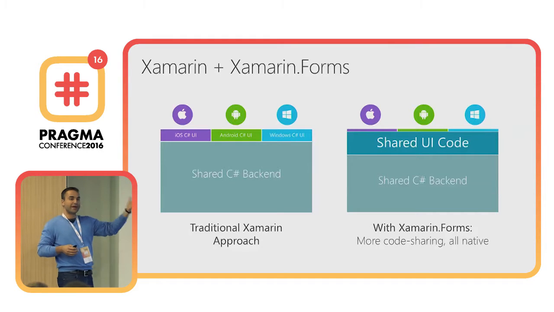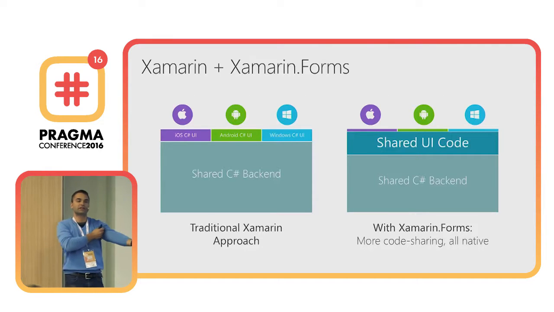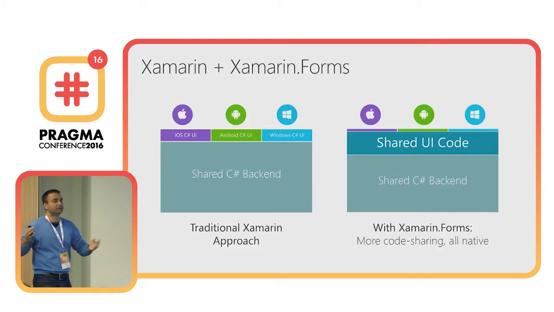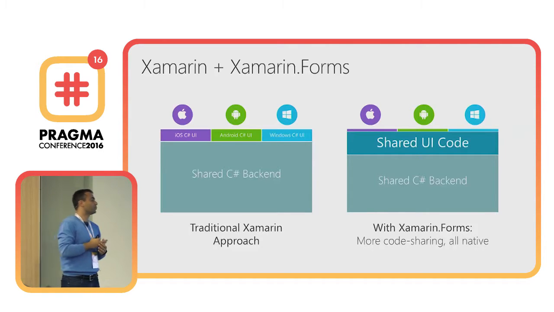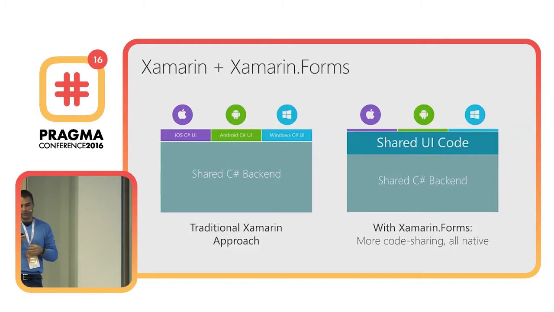So it has a renderer on the platform, and the label for iOS becomes the UILabel. It's an extensible framework. We can change the renderer. We can attach effects. It's pretty used right now, and it's easy to develop. We will see a demo on this one.